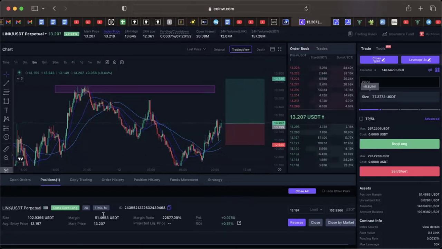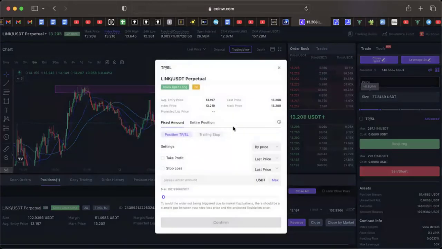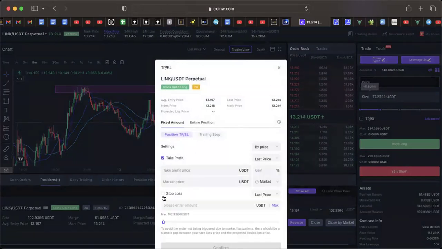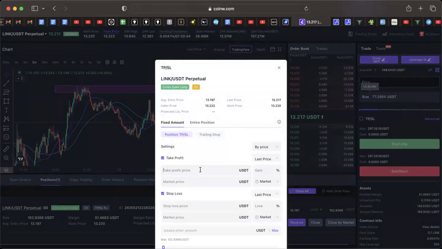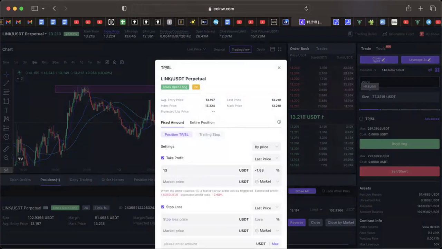So let's go. We click here to edit. We'll pick and then add the stop loss. We'll say 13.735 as our take profit.